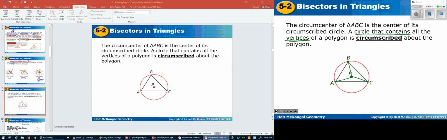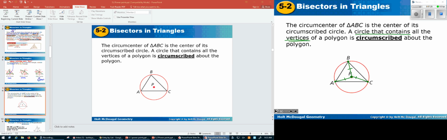It's the radius. And in a circle, what do we know about all of the radii? They're always the same length, right? In the same circle. So what we just learned was that the distance from the circumcenter to each vertex is the same. And that's because if you draw a circle around the outside of that triangle, those would all be the radii of that circle.